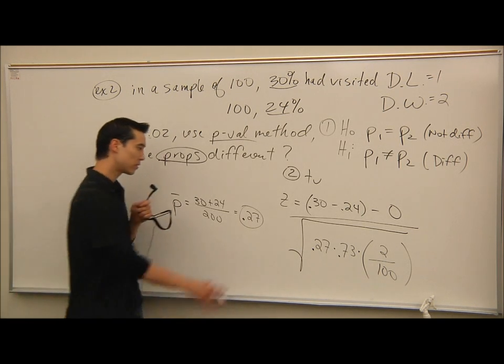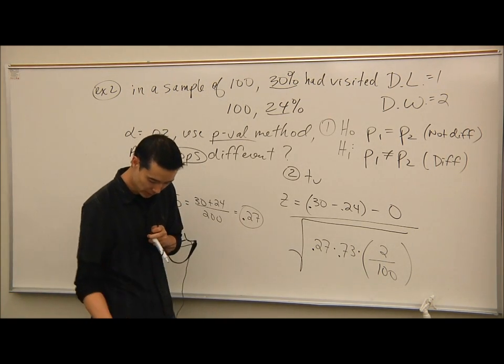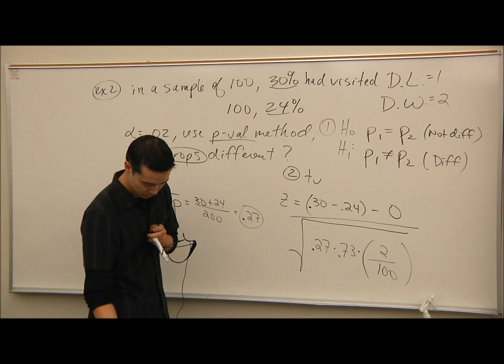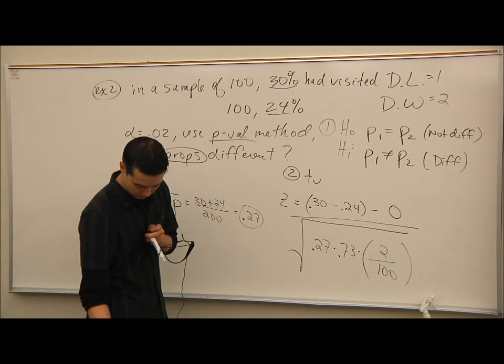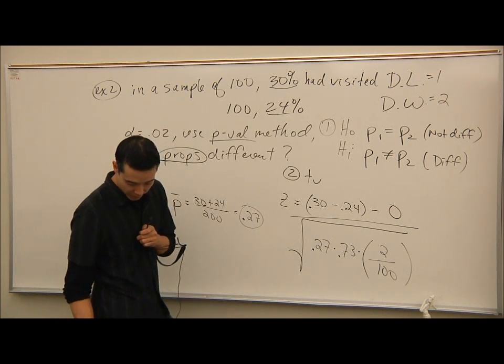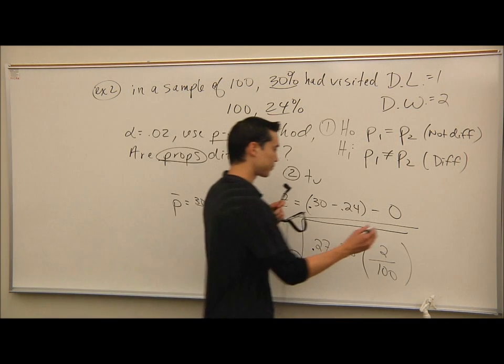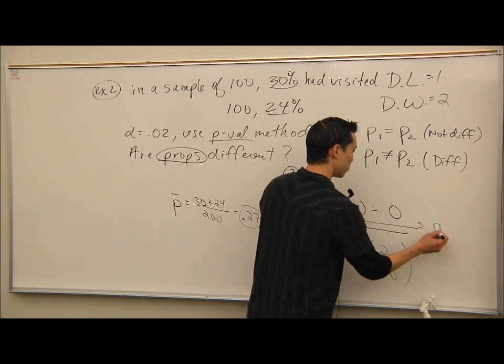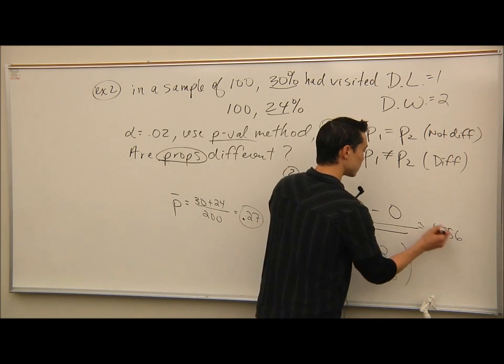Be super careful with the square root in the denominator. So let's see what we get here. Okay, I'm getting about 0.9556.